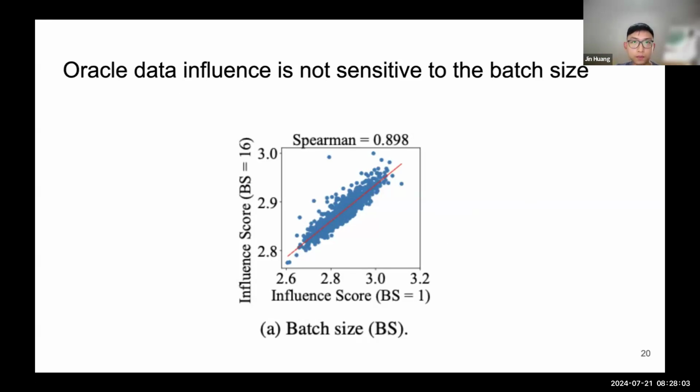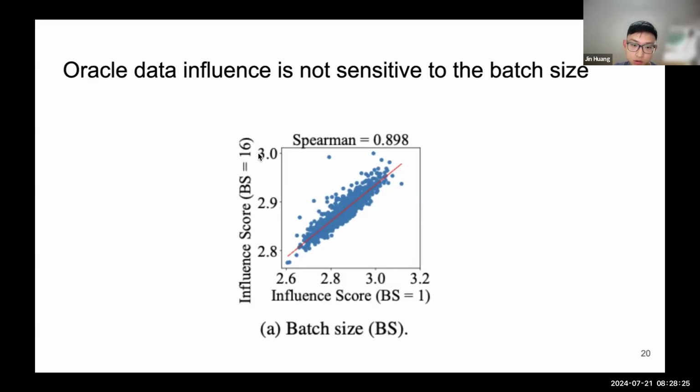But how can we actually calculate this? We can have different ways, right? We can do this one by one, or we can calculate the batch of these scores and use another algorithm in their paper to separate the influence in that batch.